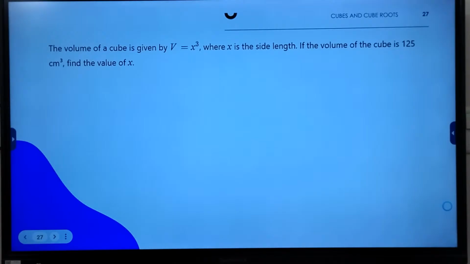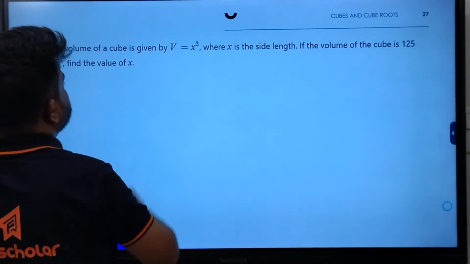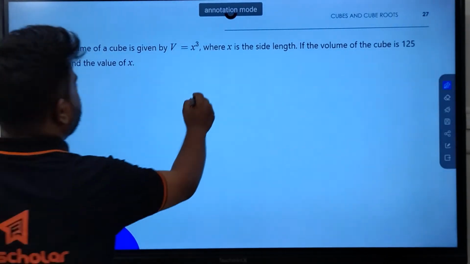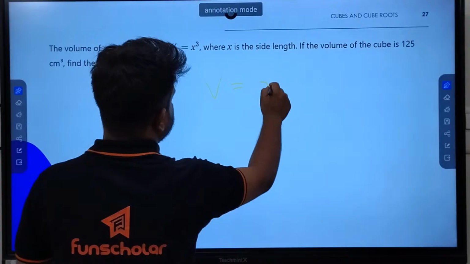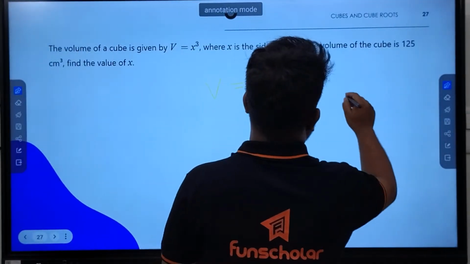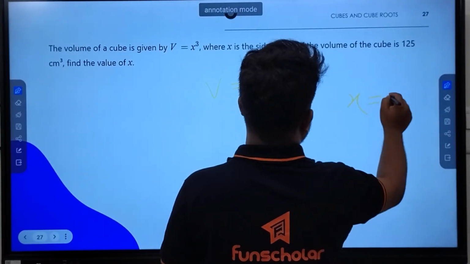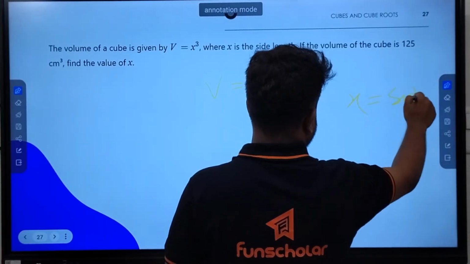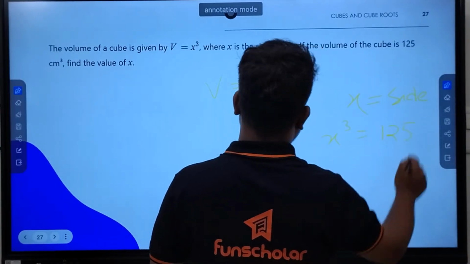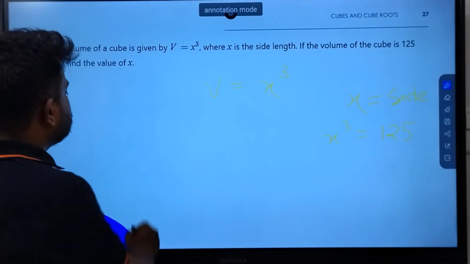The volume of a cube is given by V equals x cube, where x is the side length. If the volume of the cube is 125 centimeter cube, then find the value of x. Okay, so they have told us V is equal to x cube, and again they have told us that x is the side. So x cube means 125.